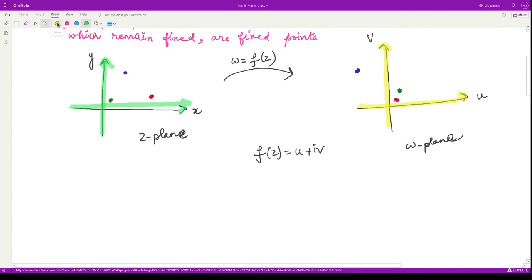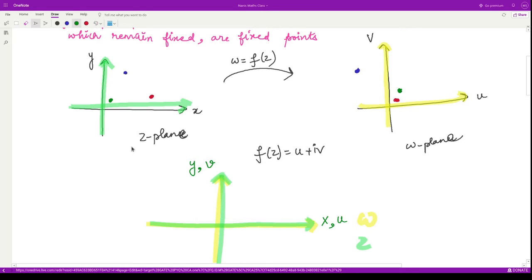Now what I'm trying to do is superimpose these two planes. That means I'm putting this z plane over the top of this w plane, such that there is no difference between the two. So here I could write this to be the x-axis as well as the u-axis, and this to be the y-axis as well as the v-axis.